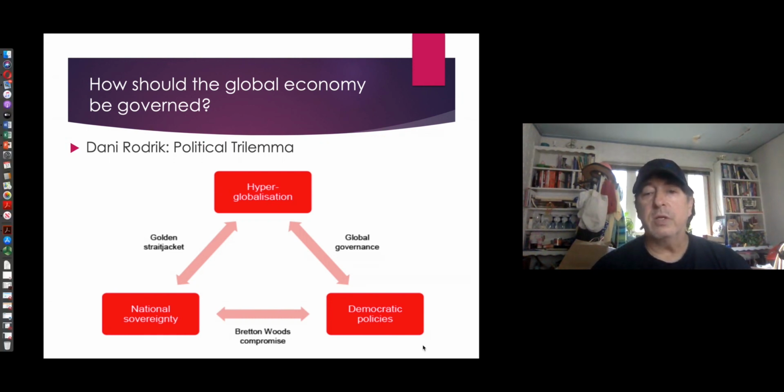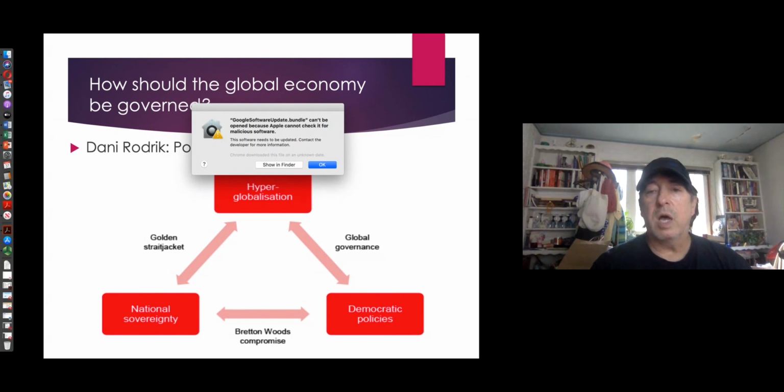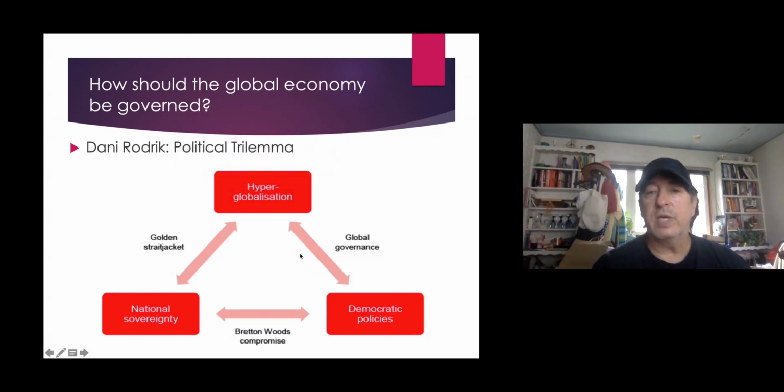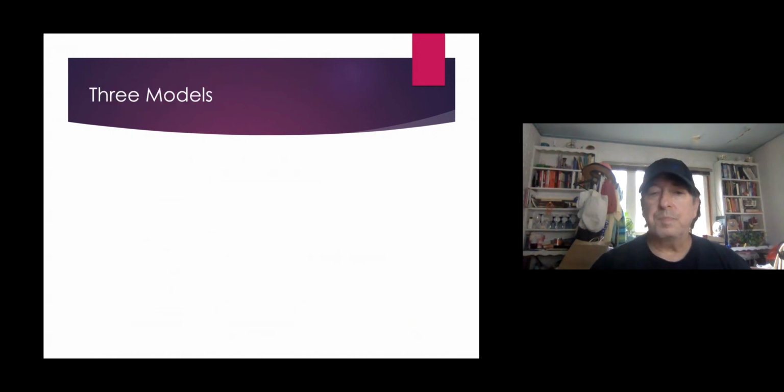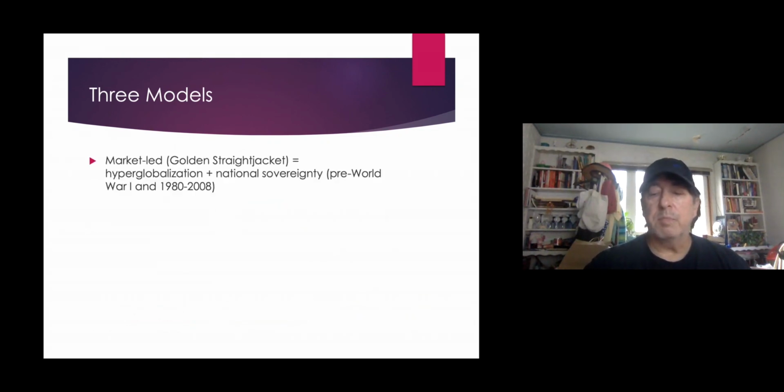So there you allow for a higher degree of control over capital, but not at the national level, but at the higher level, at the international level. We can see here the market-led globalization combines hyperglobalization and national sovereignty.